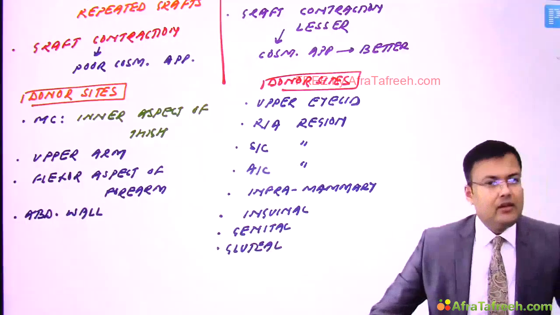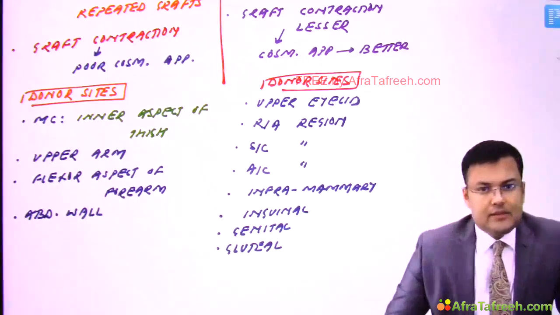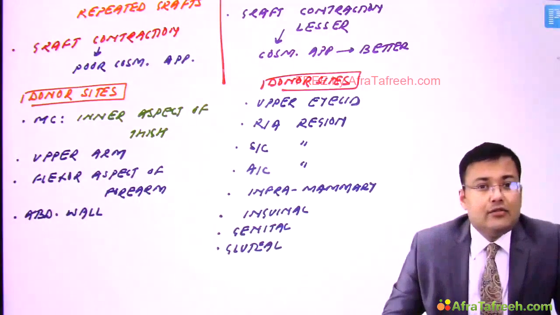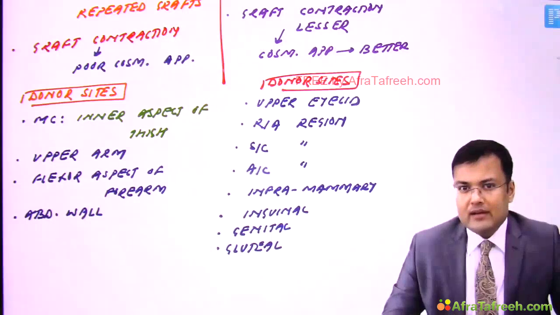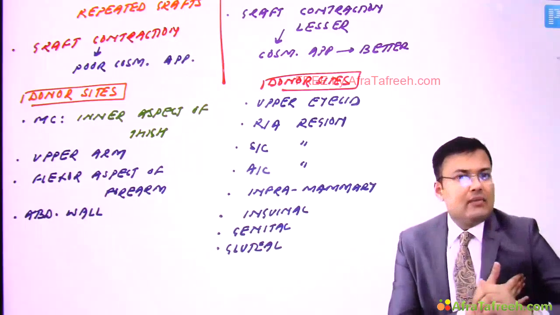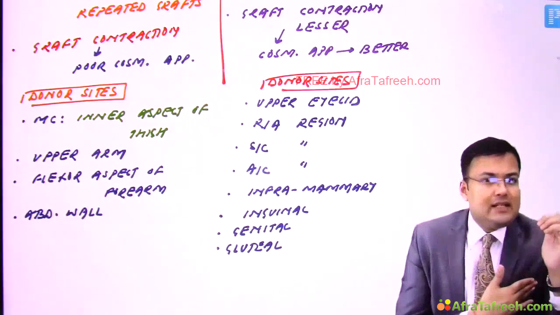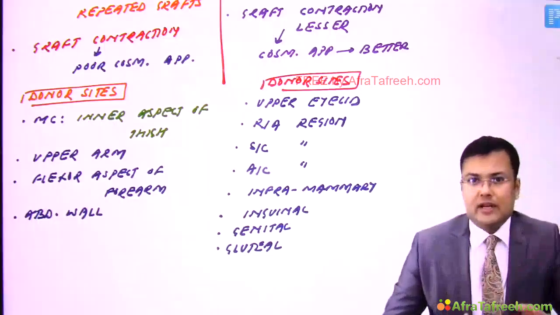Once this question was asked in AIIMS, that from which of the following sites the full thickness skin graft should not be taken. So these are the common sites. From axilla, full thickness skin grafting is not taken.